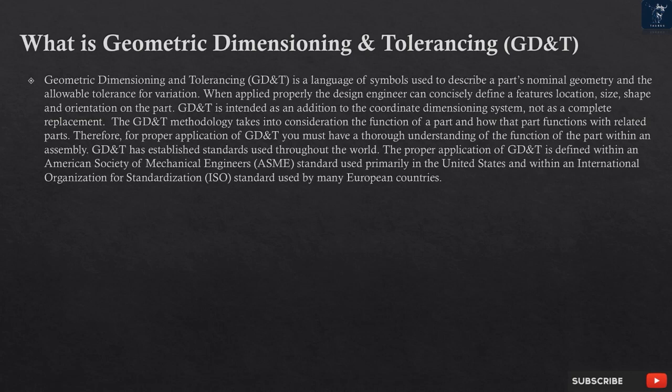GD&T is intended as an addition to the coordinate dimensioning system, not as a complete replacement. The GD&T methodology takes into consideration the function of a part and how that part functions with related parts. Therefore, for proper application of GD&T you must have a thorough understanding of the function of the part within an assembly. GD&T has established standards used throughout the world.